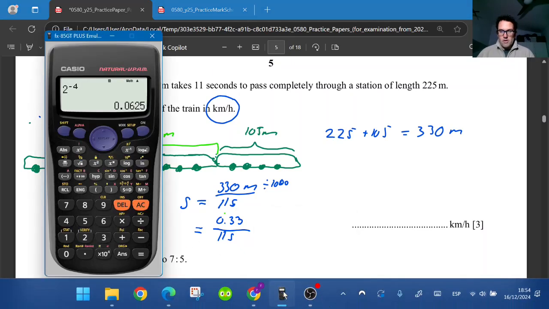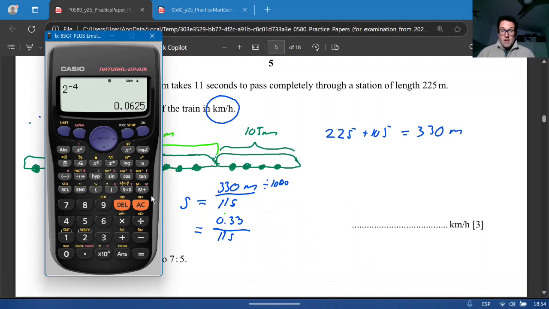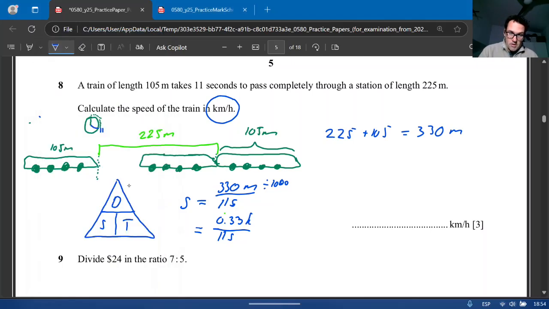That will be 0.03 kilometers per second, isn't it? 0.33 divided by 11. 0.03. Remember, this is now kilometers. And that means we're traveling at 0.03 kilometers per second. In 1 second.